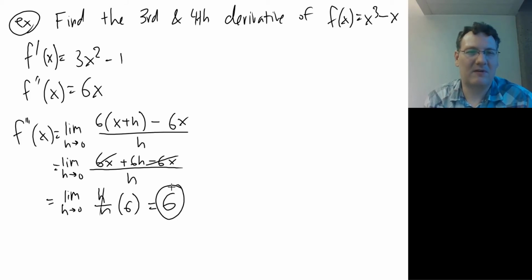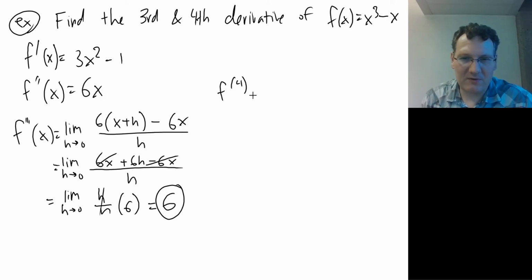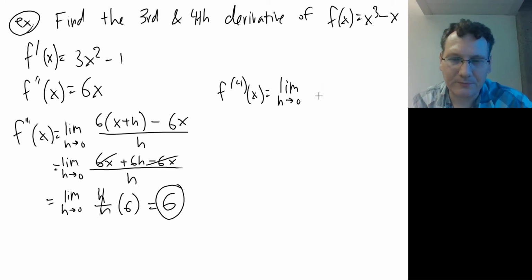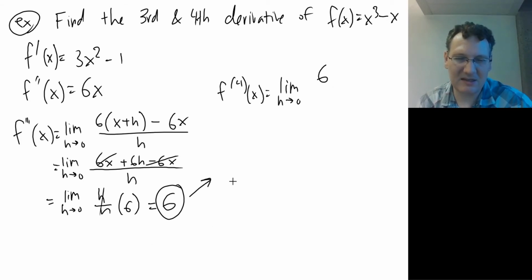That's my third derivative. Now what's the fourth derivative? The fourth derivative of x is going to be the limit as h goes to 0 of, what's the third derivative evaluated at x plus h? That's just going to be 6, which is to say it doesn't matter, there are no x's involved. It's constant.